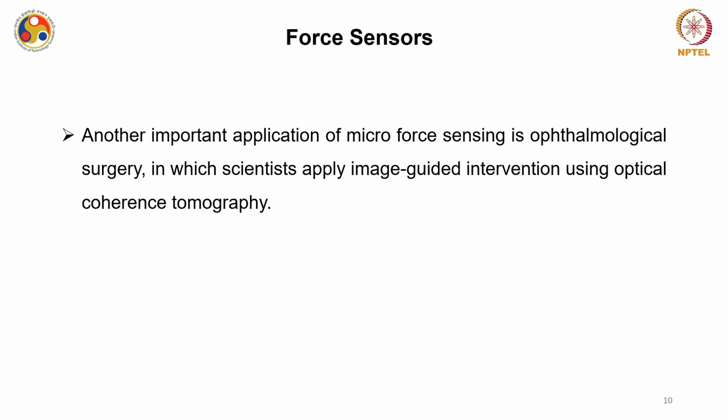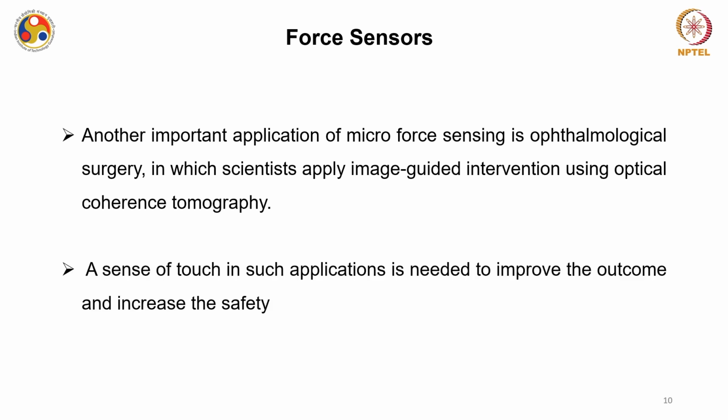Another important application of micro force sensing is in eye surgery, in which doctors apply image guided intervention using optical coherence tomography. If the force sensing is not correct, it may manipulate something else in the eye which is not required. A sense of touch in such applications is needed to improve the outcome and increase safety.